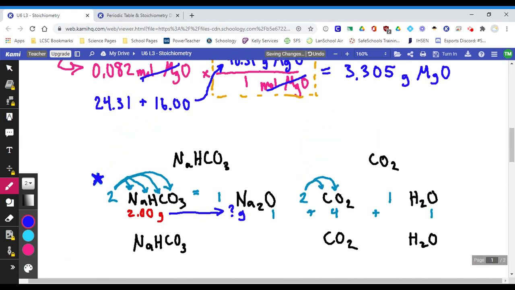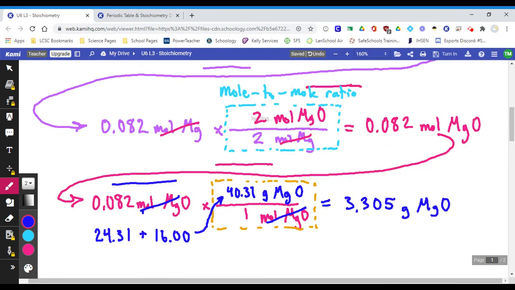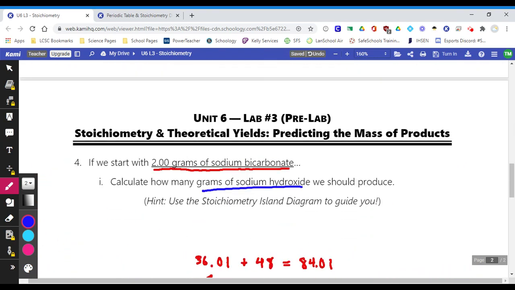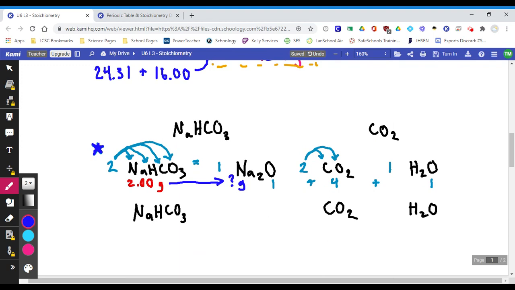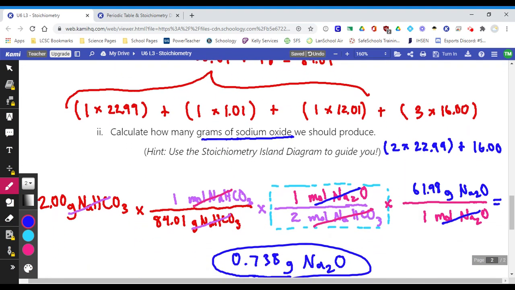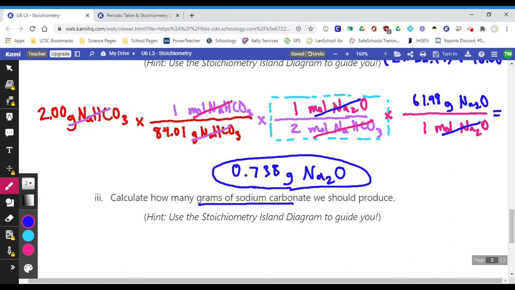So make sure you finish the reaction equations up here that are now blanked out for some reason. Make sure you finish those. Make sure you get them balanced, and then use that stoichiometry diagram to help you through. It should be pretty similar to this, and you might even see that a good chunk of the beginning of it is going to be pretty much the same as the way we started, since we're trying to convert out of grams of NaHCO3, trying to get to grams of something else.